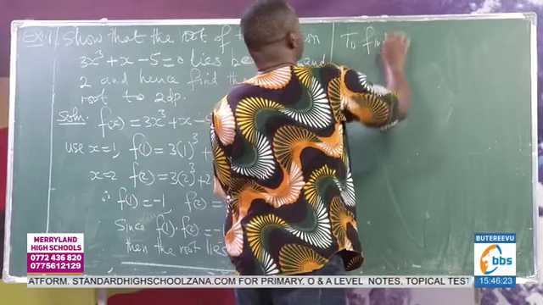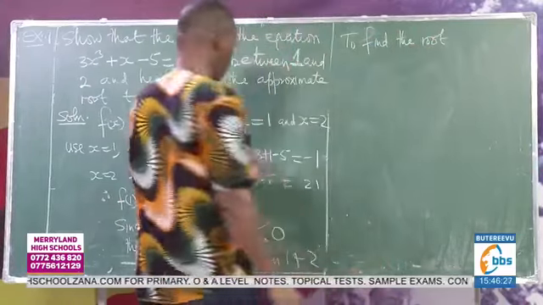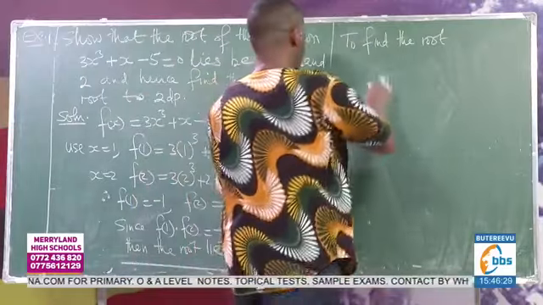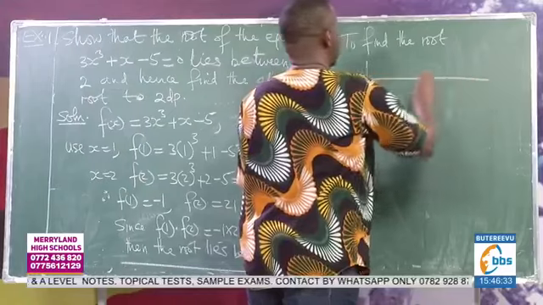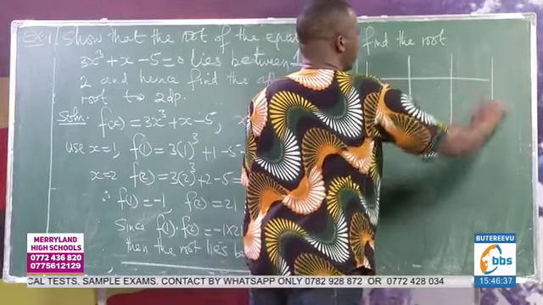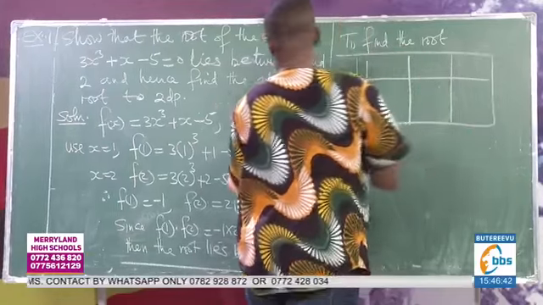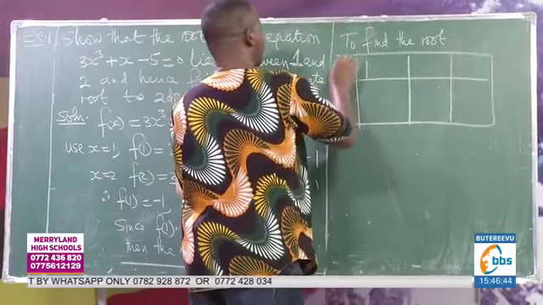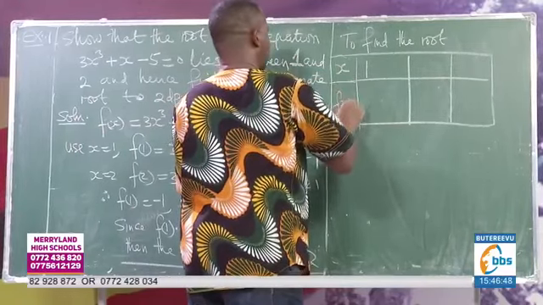To find the root, we use the interpolation that I talked about. It is clearly interpolation because the root lies between 1 and 2. So since the function is in terms of x, we will have x and f of x.